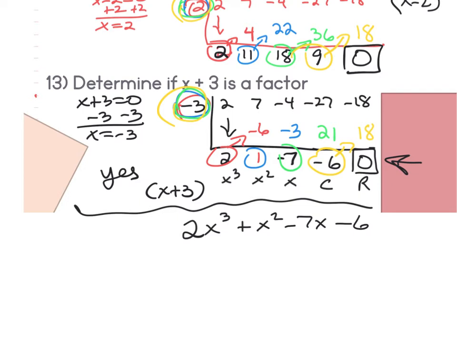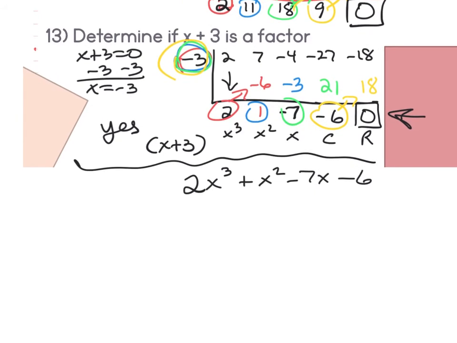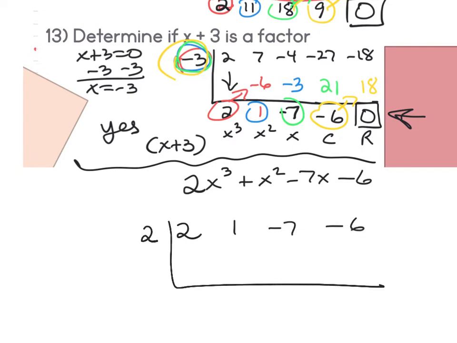Now I'm actually going to go back because I already know that positive 2 is a factor. So I'm actually going to do a synthetic division with the factor from number 12. So let me write now just the coefficients. And the place that I got this 2 from is going to be from number 12, because I already knew that x minus 2 was a factor.